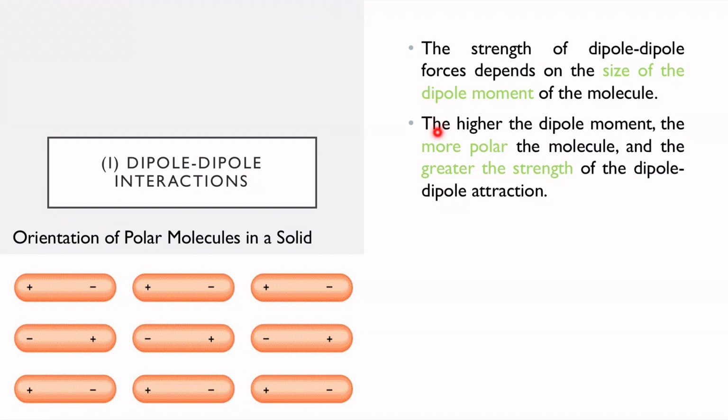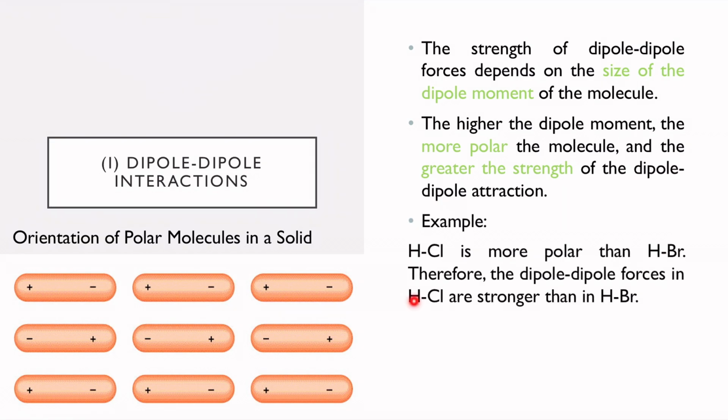Okay. So the higher the dipole moment, the more polar the molecule, and the greater the strength of the dipole-dipole attraction. For example, between HCl and HBr here. If you draw the bond dipole, the arrow, HCl is more polar than HBr.